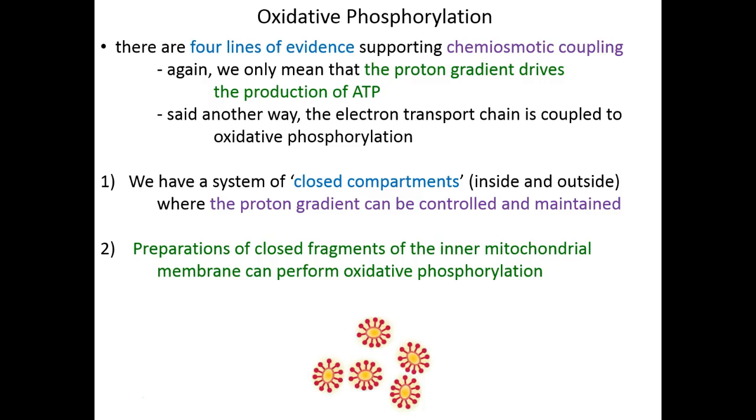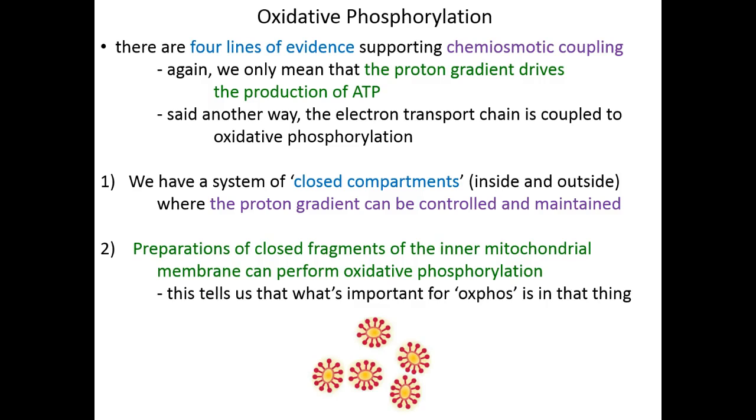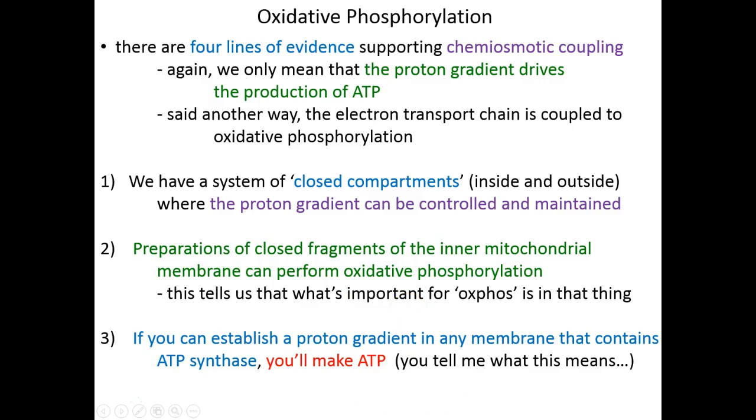We can create these kind of artificial ATP synthase membranes, and as long as we have a proton gradient, as long as we have a differential pH, these things will pump out ATP for us. What that tells us is that ATP production, oxidative phosphorylation, whatever you need for that, relies on pH, a proton gradient, and this stuff that you're looking at here, ATP synthase.